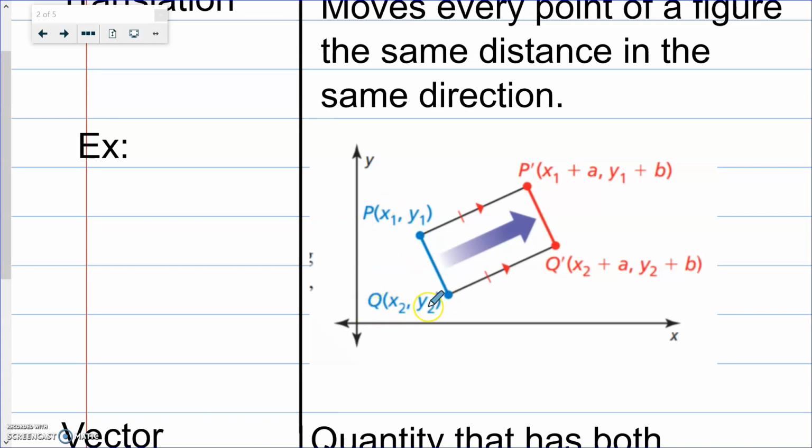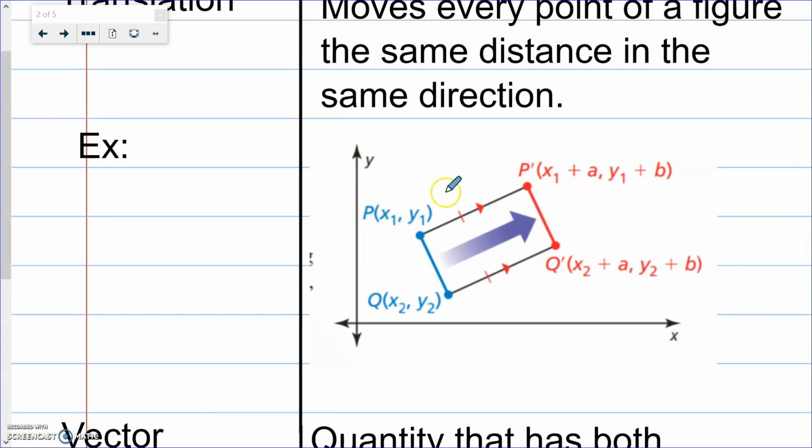Coordinates at Q is x2, y2. We move or translate this whole line, our pre-image, into our new figure, which is our image. Everything moved, not just one point, not just a couple points, all the points moved. This is called a translation.